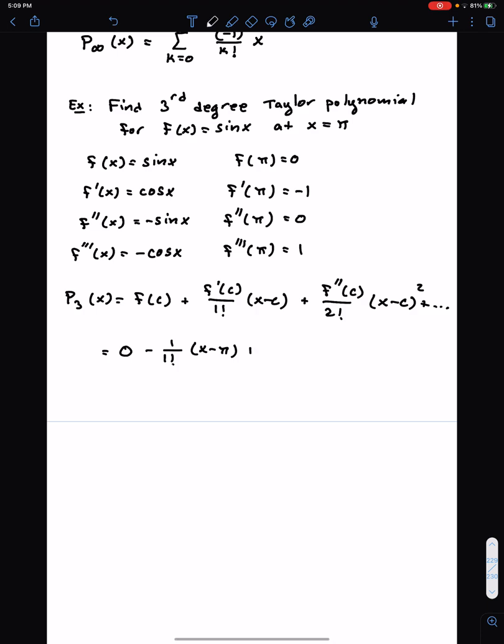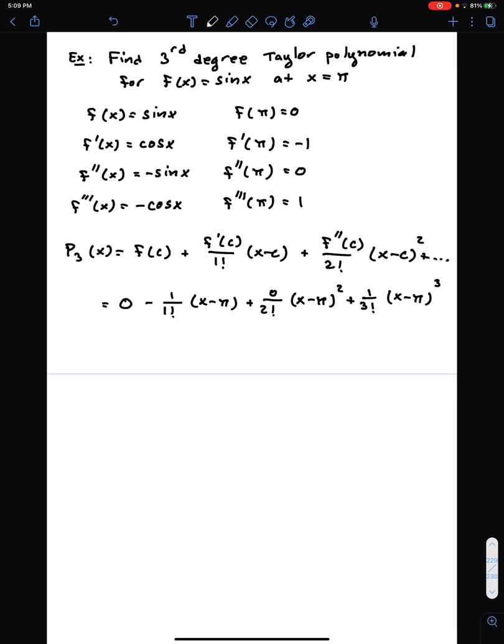F double prime is 0, so plus 0 over 2 factorial x minus pi squared. And then plus 1 over 3 factorial x minus pi cubed, which is equal to negative quantity x minus pi plus 1/6 x minus pi cubed.